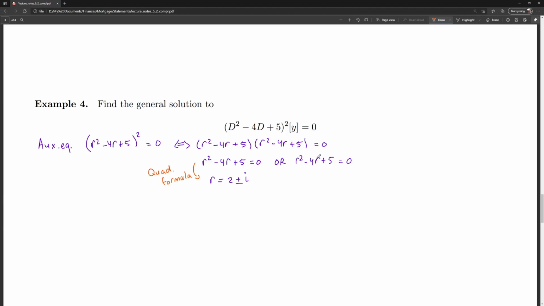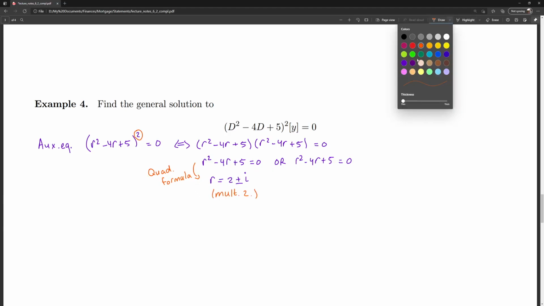But because it shows up twice, or because we have the power there, both of these roots have multiplicity 2.